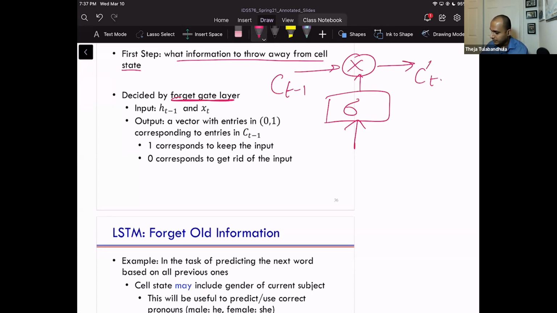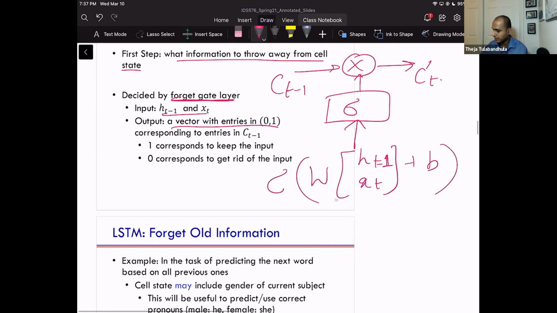For this input, we're going to give HT minus 1 and XT as input to my gate. So to my gate, I'm going to give HT minus 1 concatenated with XT as input. And then I'm going to get a vector between 0 and 1 because it's a sigmoid transformation. So it's basically W times this plus B, and then a sigmoid transformation. That's this sigma symbol here.